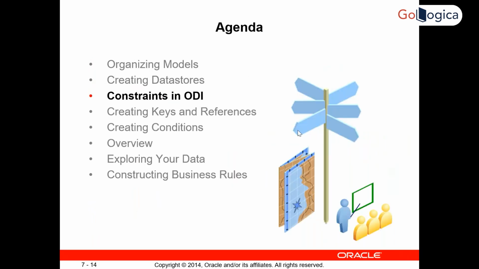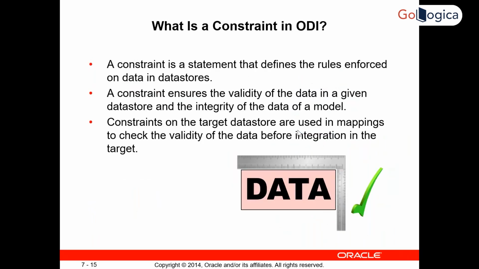And we have constraints in my ODI based on my database constraints, like a primary key and foreign key. Whatever constraints are defined at my DB level, we are going to get those constraints in my ODI also.